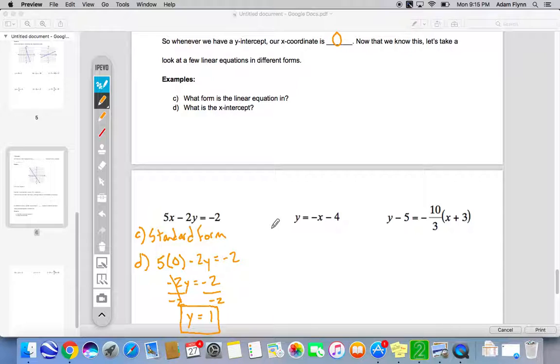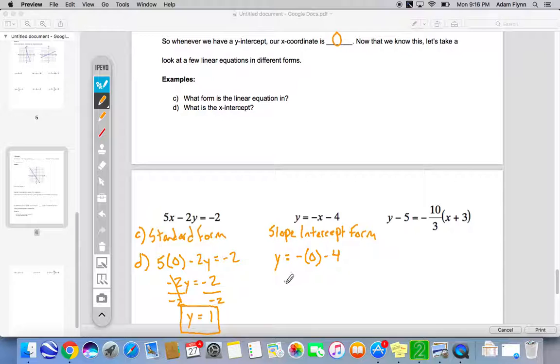Okay, this next one is in y equals mx plus b form, so it is a slope-intercept form equation. Okay, and I'm going to do the same exact thing. I'm trying to solve for y, so I will plug in 0 for my x. So y equals negative 0 minus 4.